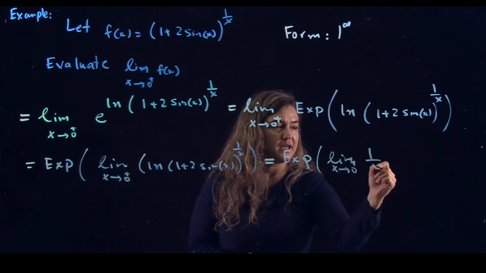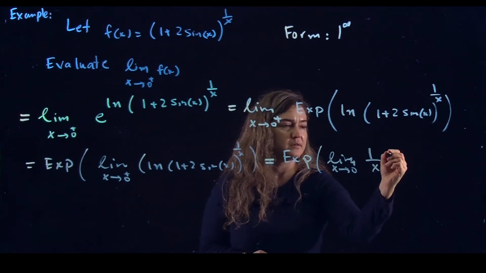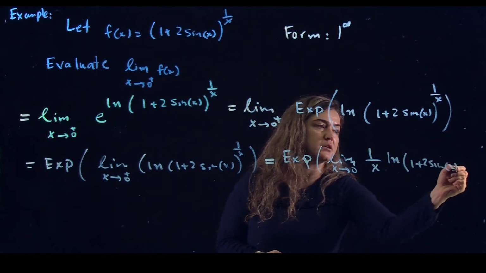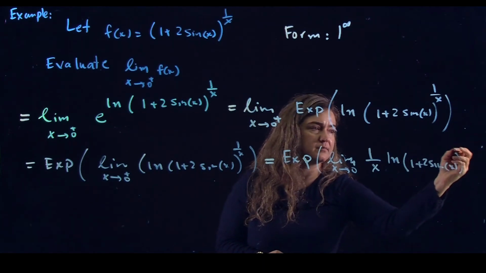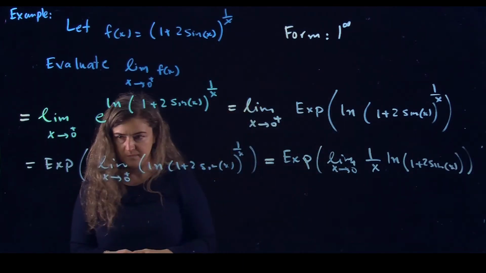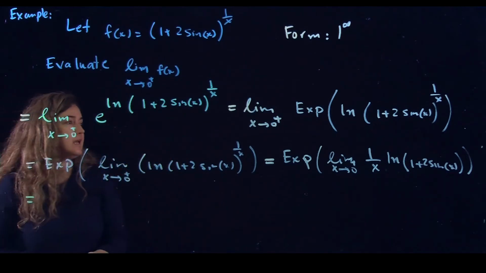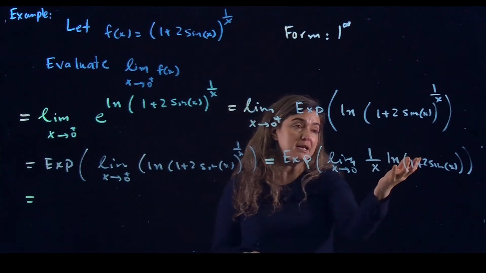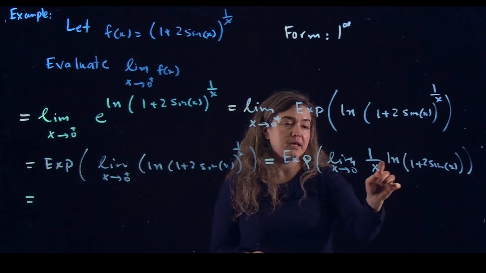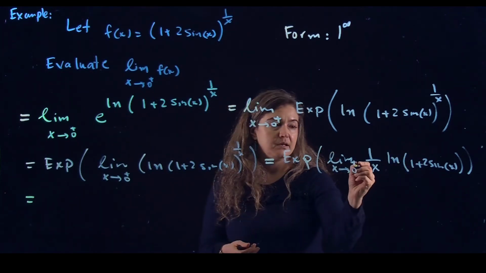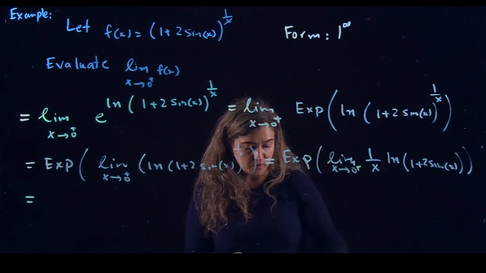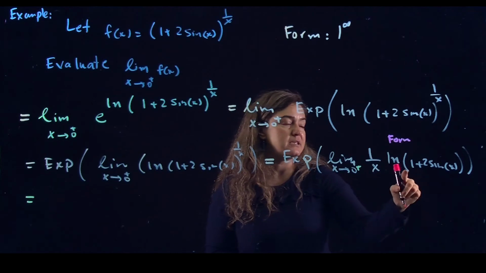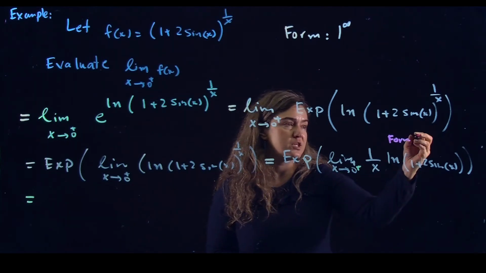And 1 over x times ln of 1 plus 2 sine of x. The next step is, now I ended up with, if I plug in 0 in here, the form has become infinity times ln of 1, which is 0.